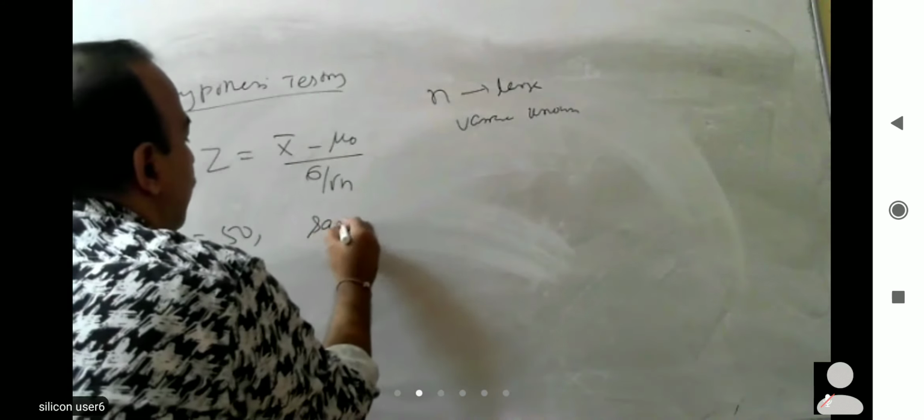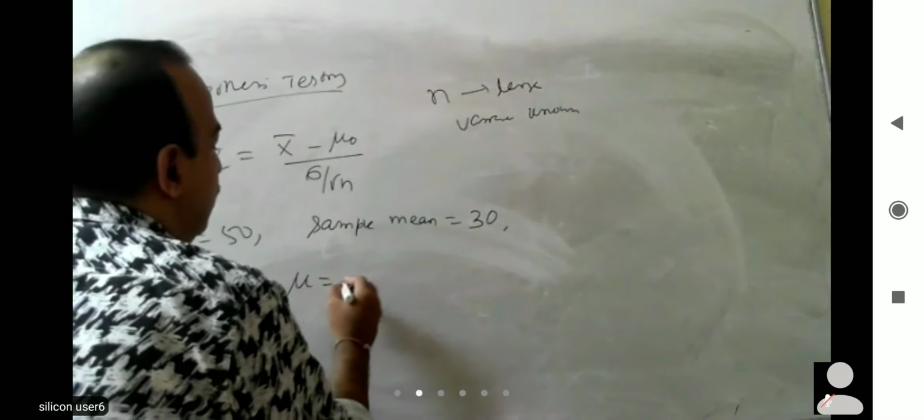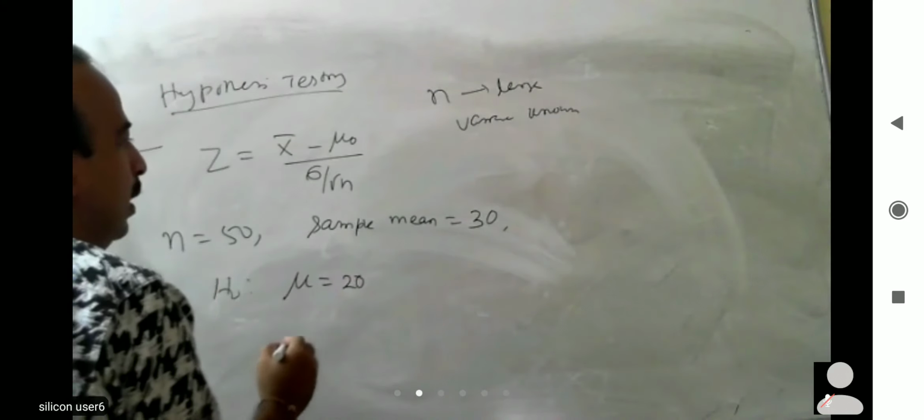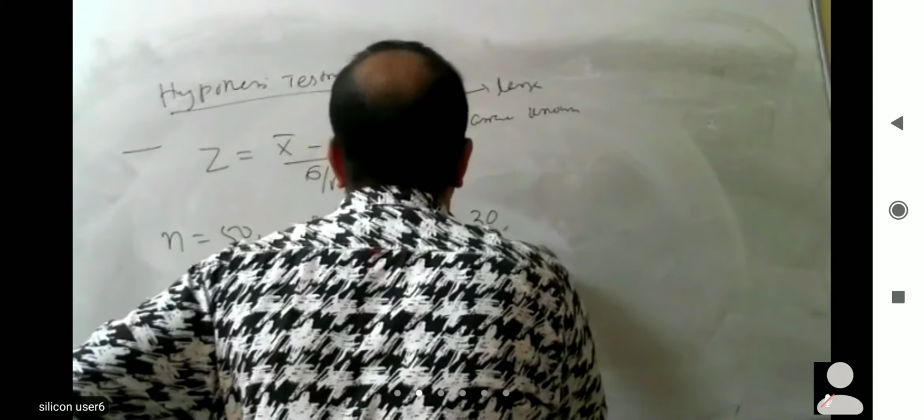For example, suppose n equal to 50 and your sample mean equal to 30, and you want to test the null hypothesis mu equal to 20 against mu greater than 20. The sample mean is this, and the population variance is suppose 6.